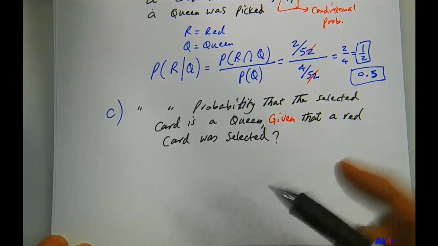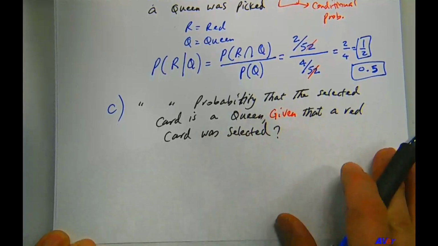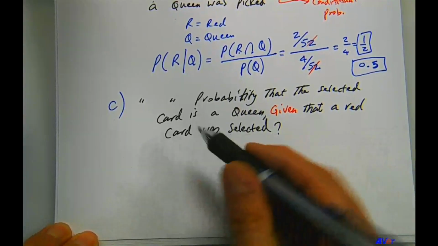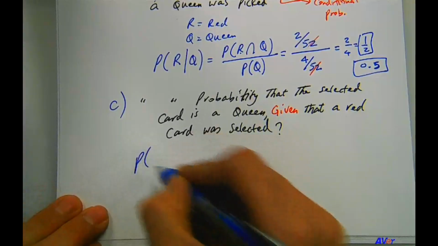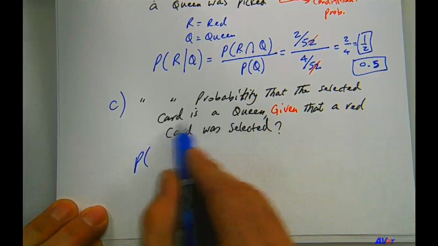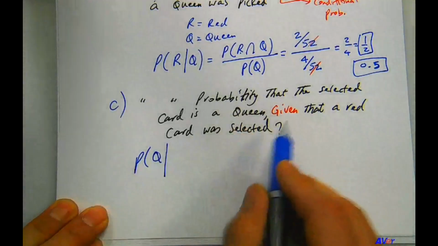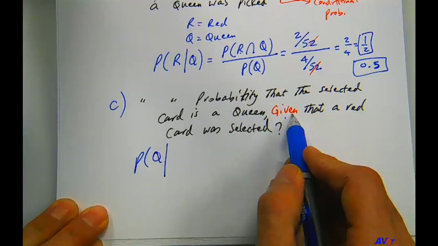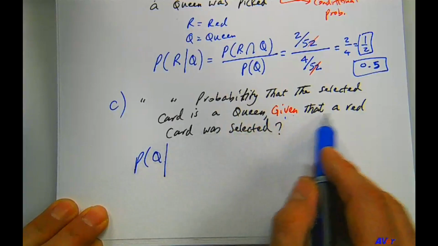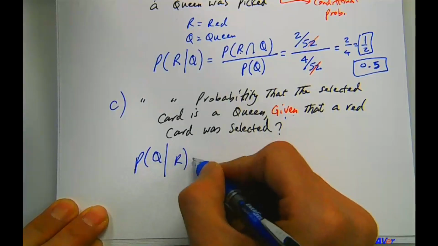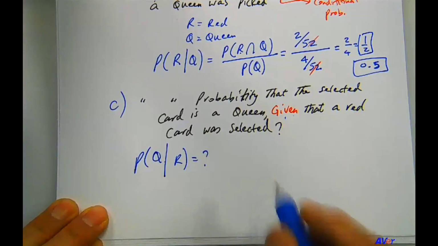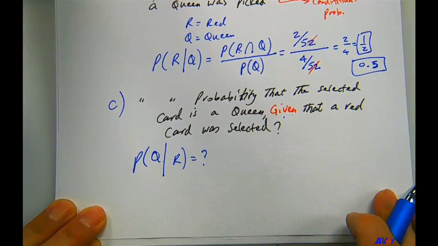Once again, let's translate this question to the conditional probability formula. So we are looking for the probability of a queen given, or if, that translates into this vertical bar, that a red card was selected. So that's the question they're asking us to answer.